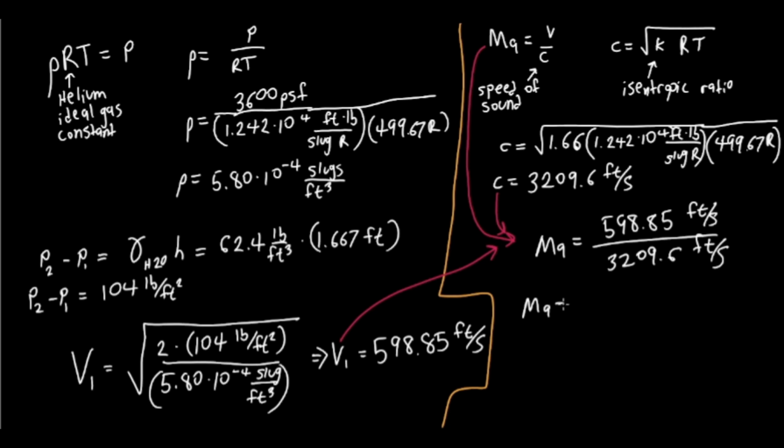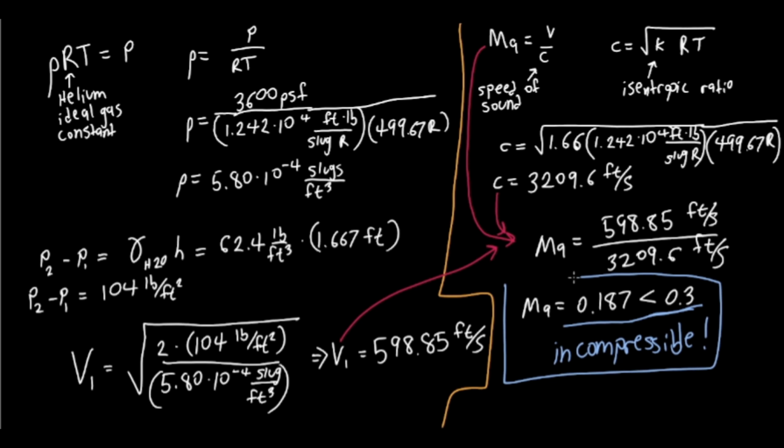And then the Mach number comes out to be 0.187, which is less than 0.3. And 0.3 is the threshold for compressibility, really. Incompressible. Because it meets this criteria, because it is less than 0.3. And that is the answer. We've got this plus this velocity. We now have solved it all and explained our reasoning.